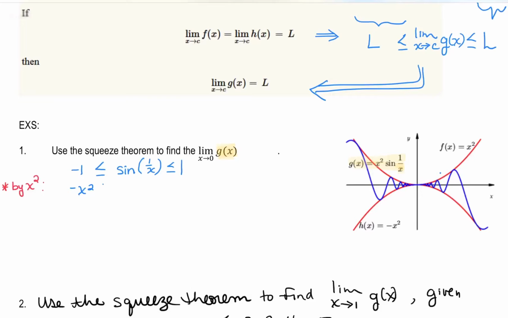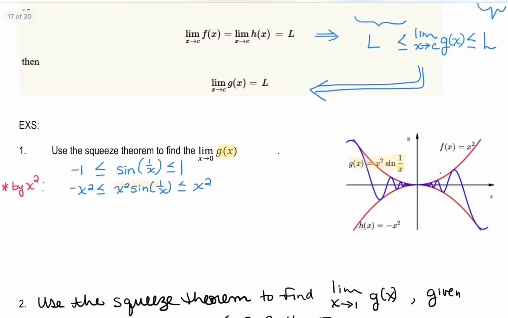But here that means I'm multiplying every portion of this compound inequality. It's really two inequality statements put together. So I'm multiplying everything through by x squared. And now that I have my inequality established here, that's the function I wanted, right? This is my g of x.